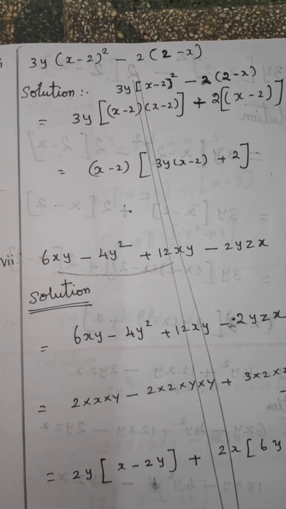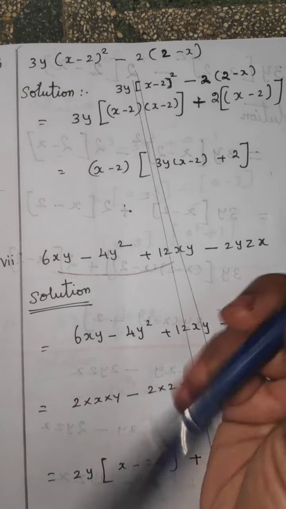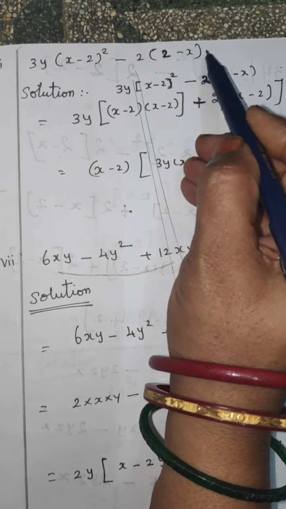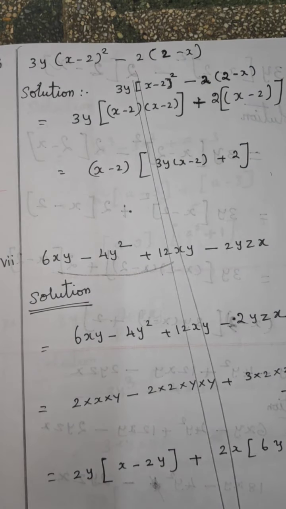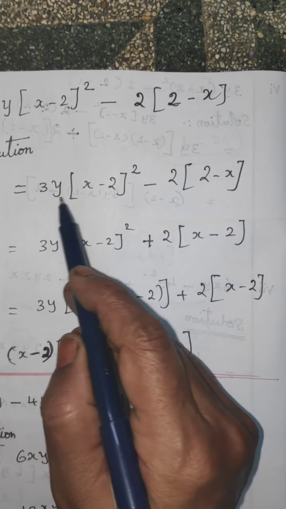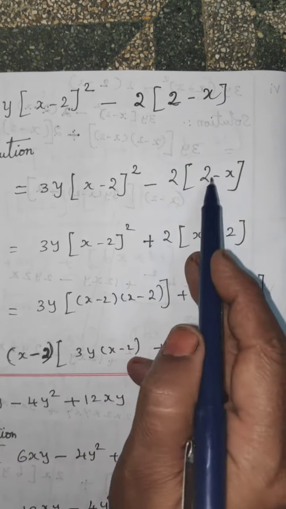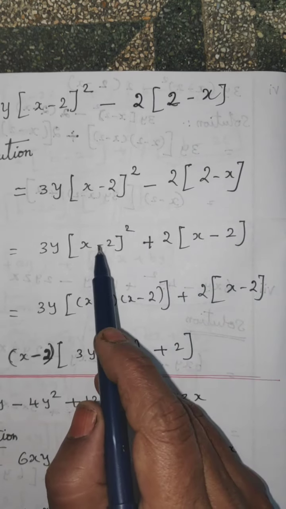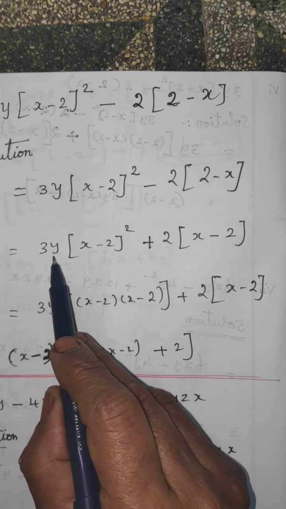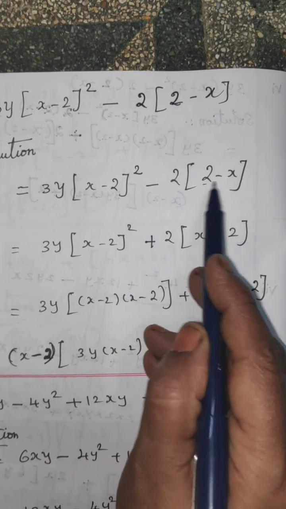Next question: 3y into x minus 2 whole squared minus 2 into 2 minus x. 3y, write the question: 3y into x minus 2 whole squared minus 2 into 2 minus x. See here x minus 2, that 2 minus x.